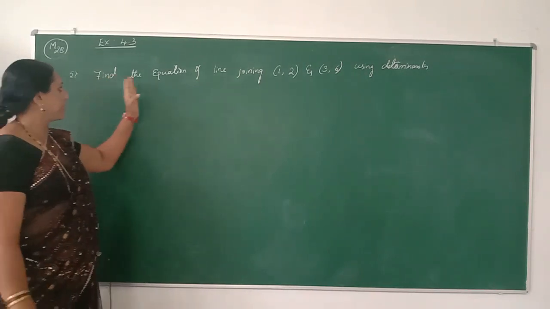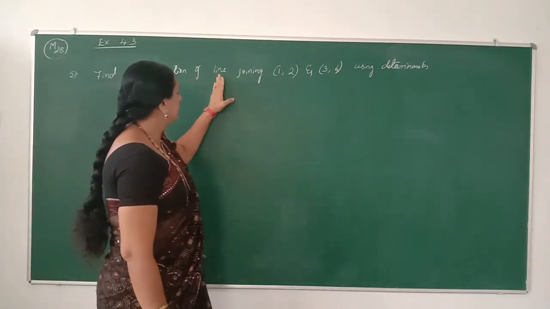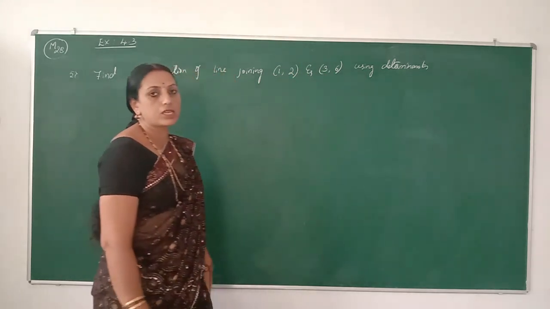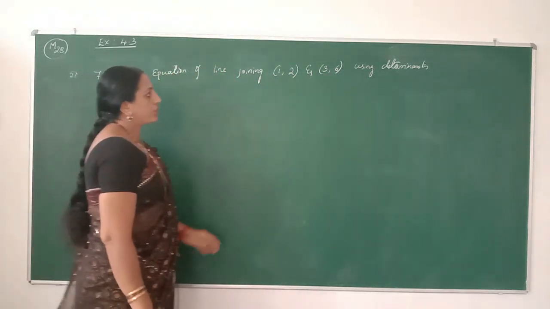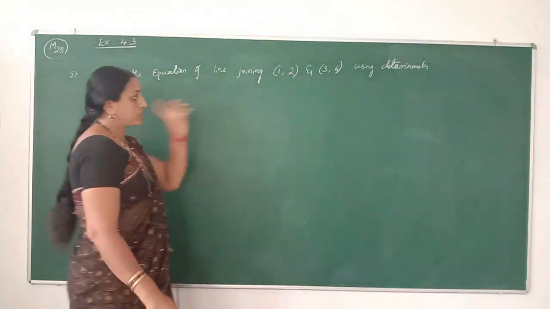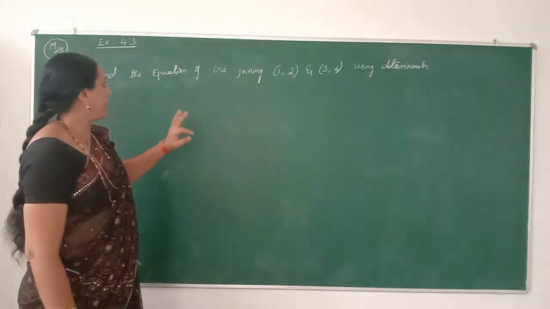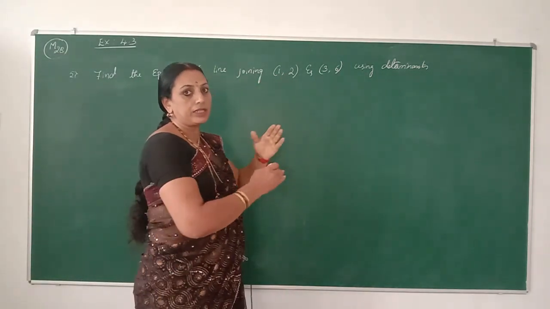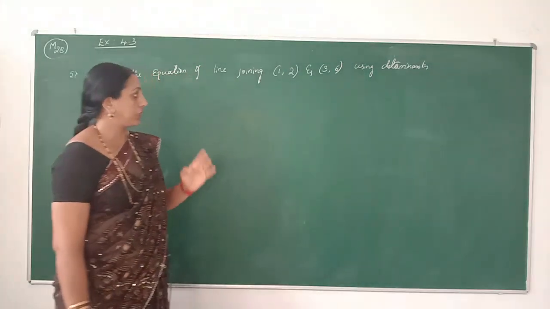Next one, find the equation of the line joining (1, 2) and (3, 6) using determinant. So first we'll recall how to find the equation of the line joining two points. We already studied this in first PUC analytical geometry.